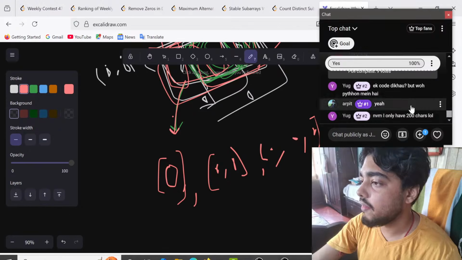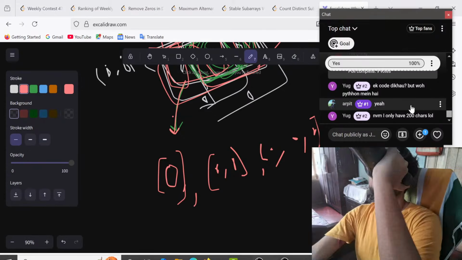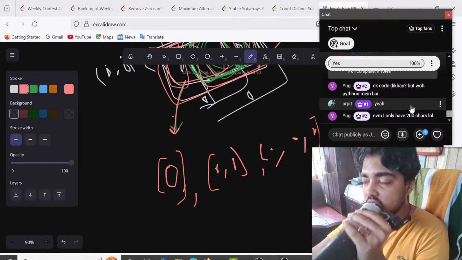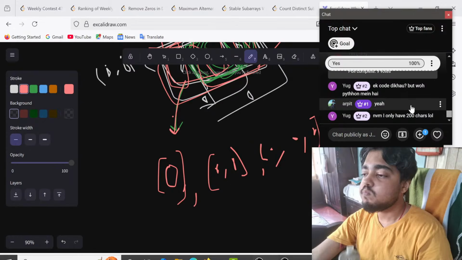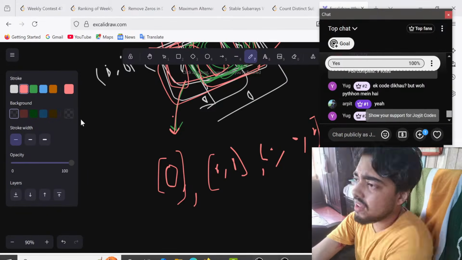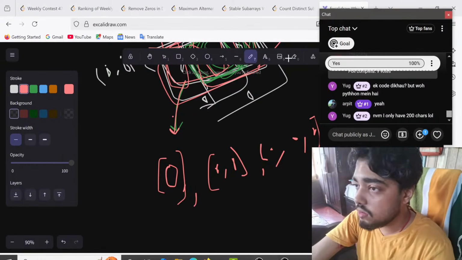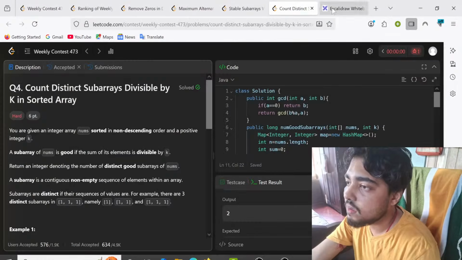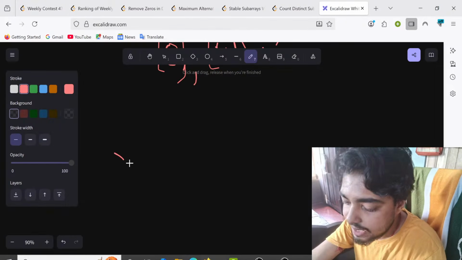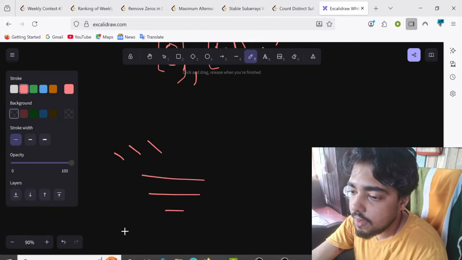I only have a 200 character limit. Do one thing, put it on Discord, and whenever you put it on Discord, use this sign, the backticks: put it in 3 backticks, then the code, and then 3 backticks.